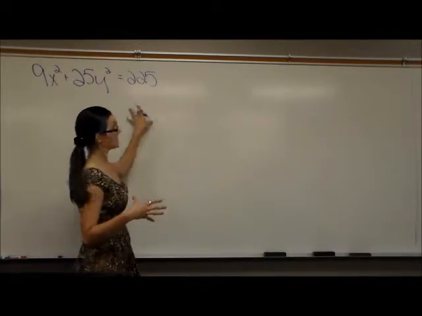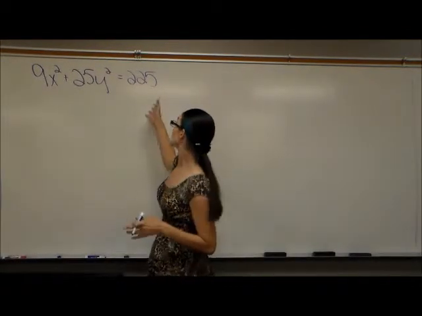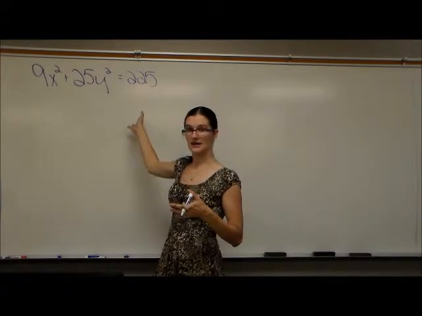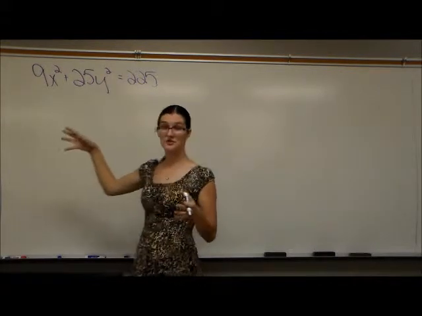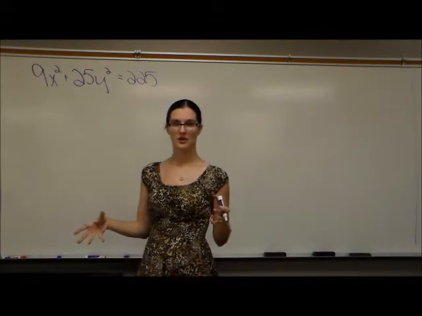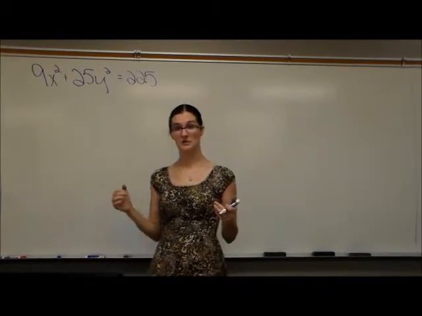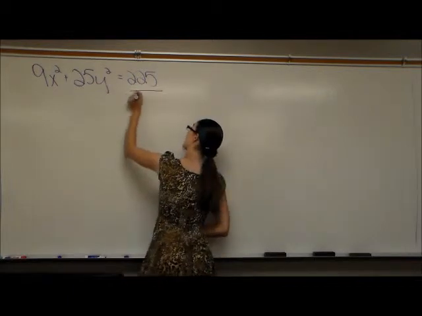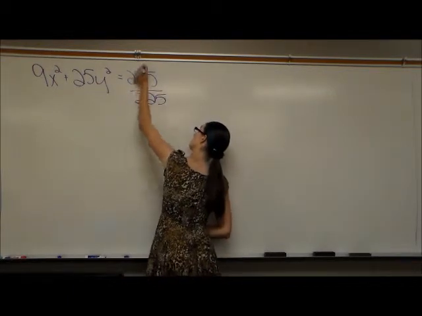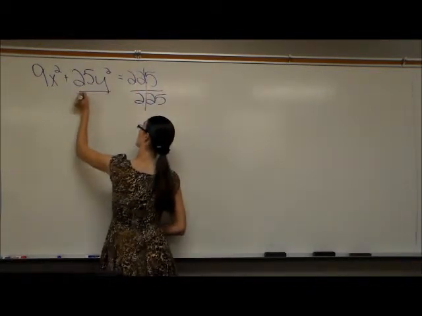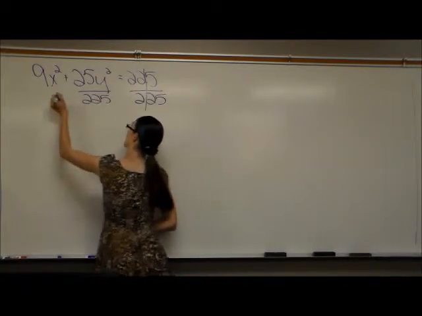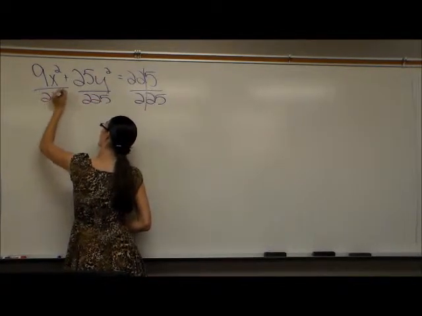So you want to make sure here it's equal to 1. Right now it's equal to 225. If we subtract 225, it'll be equal to 0, so we don't want to do that. We want to divide. Anything divided by itself equals 1. So if we divide everything by 225, that should become 1. That'll divide out, and that should divide out.